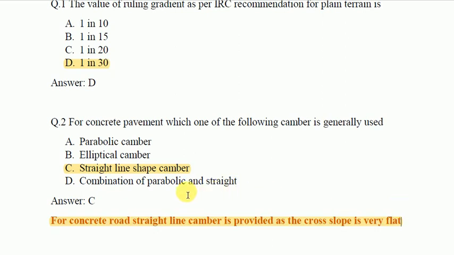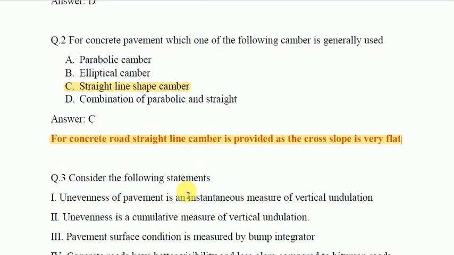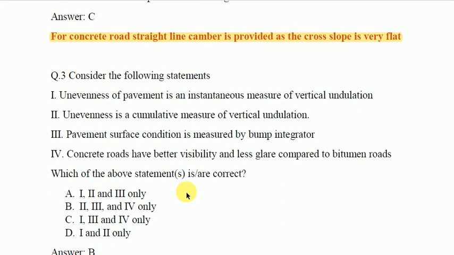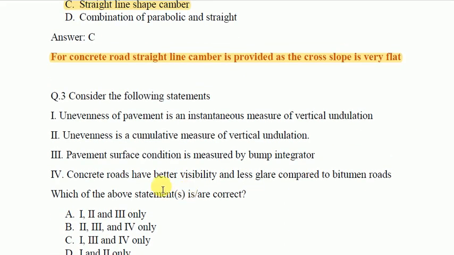Let's move towards question number 3. We have to consider the following statements. Statement 1 says that unevenness of pavement is an instantaneous measure of vertical undulations. Second statement, unevenness is a cumulative measure of vertical undulations.